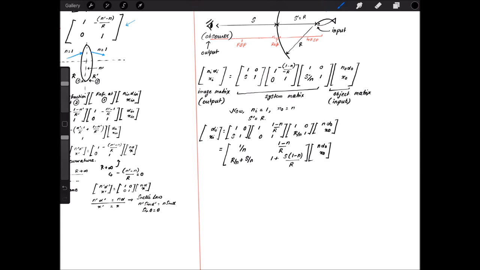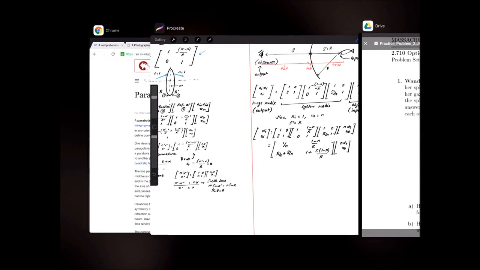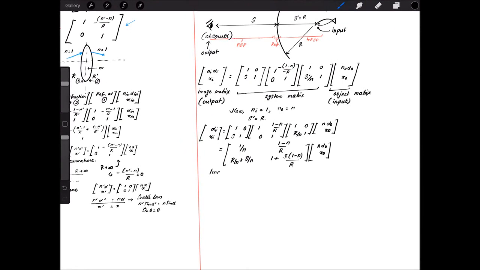Okay, so let's look at the questions again. We have written the matrices. The question is, where is Vander's image formed? So first we have to answer what is the imaging condition. Since the question asks where the image is formed, we know the imaging condition is satisfied.